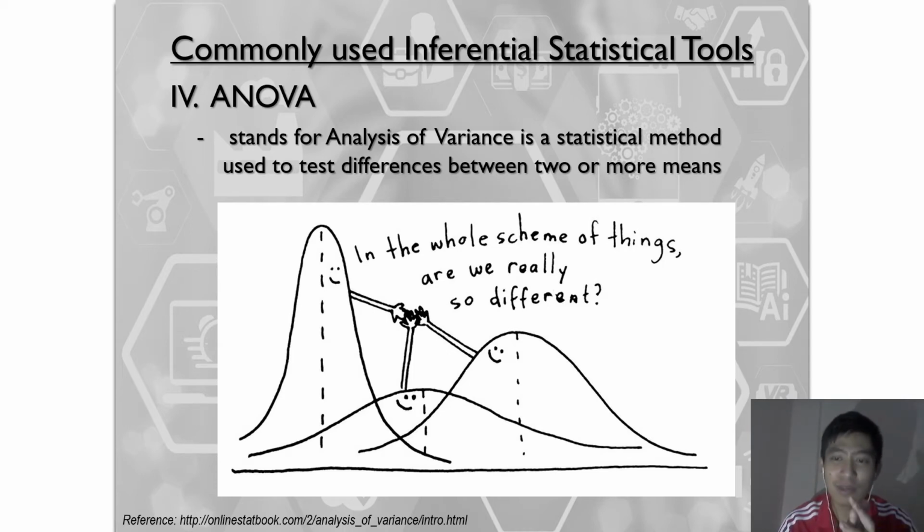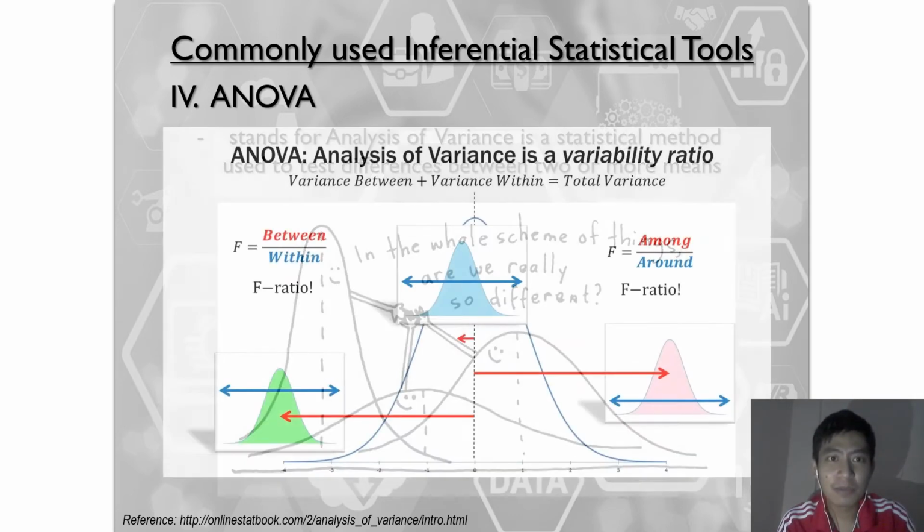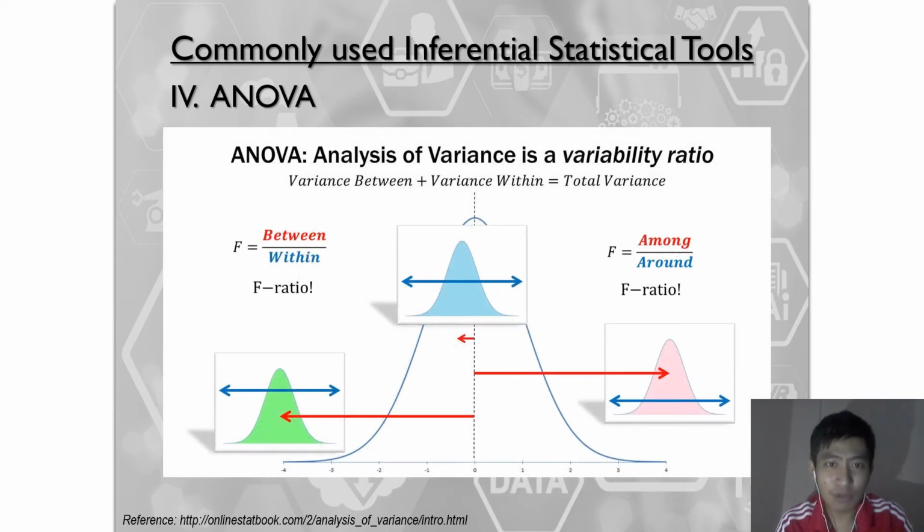So I used ANOVA to understand which components of the demographic profile could affect the patient safety culture and also the safety culture maturity level of an organization. So this ANOVA, analysis of variance, is a variability ratio.